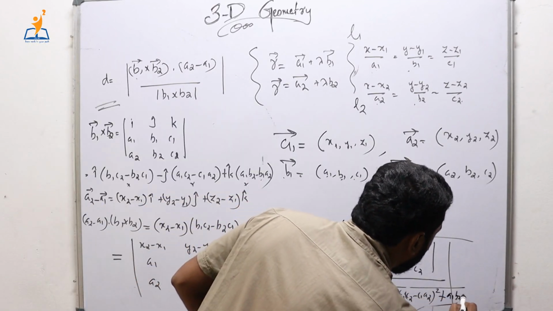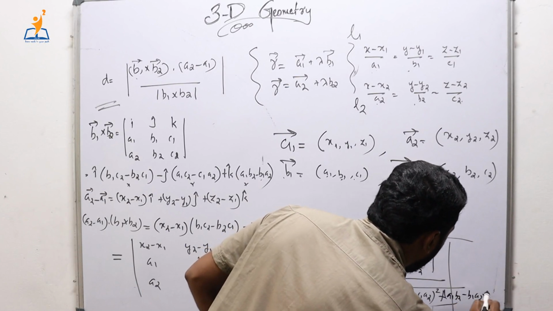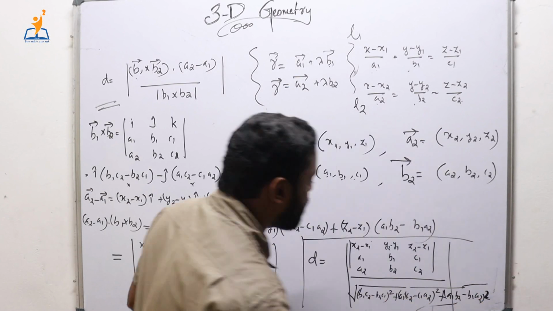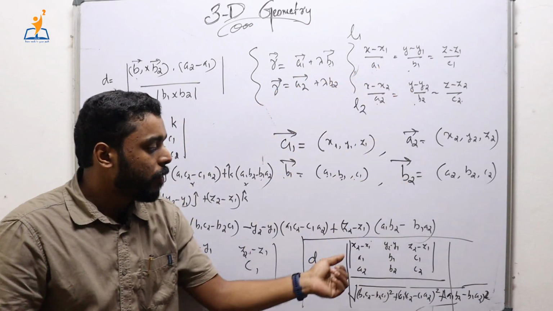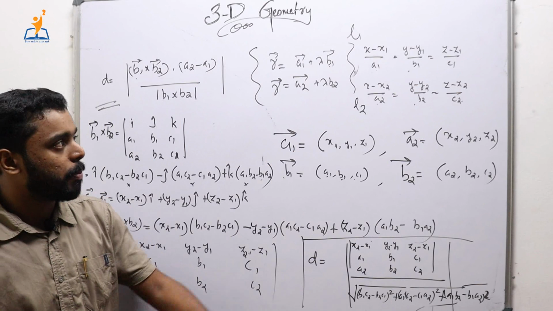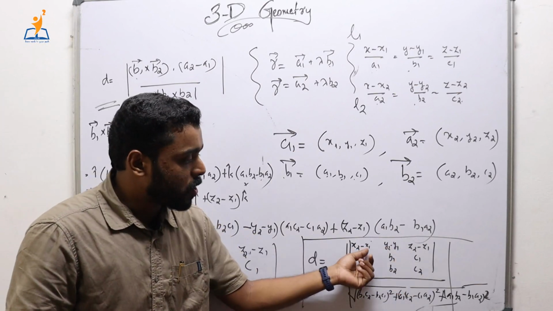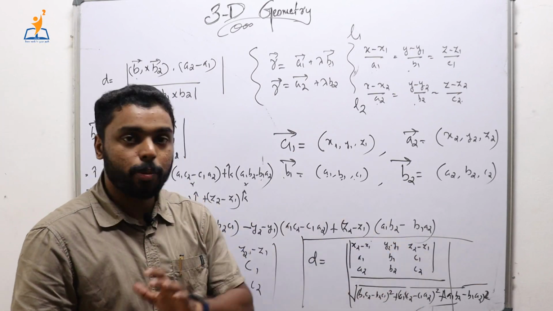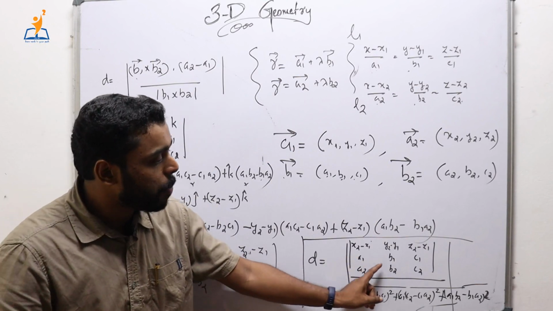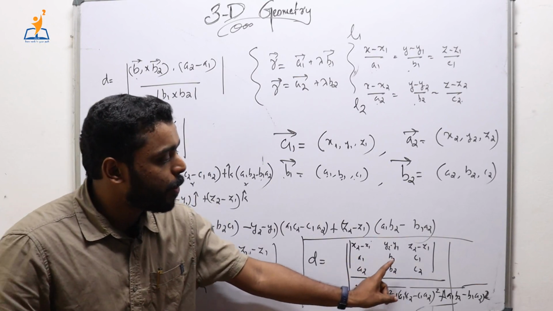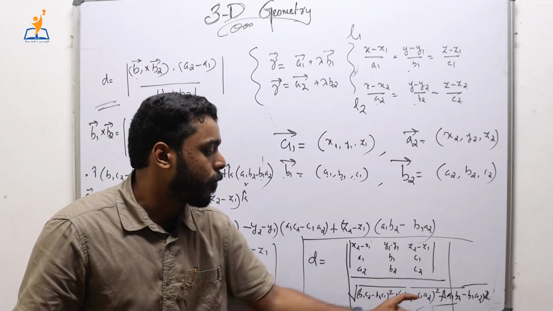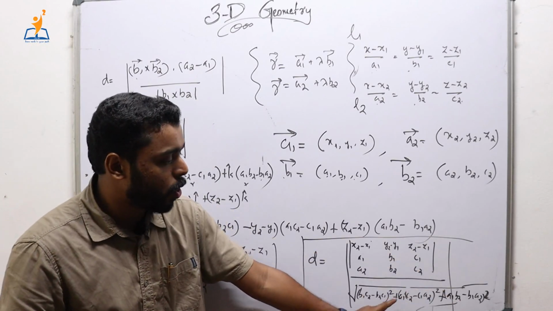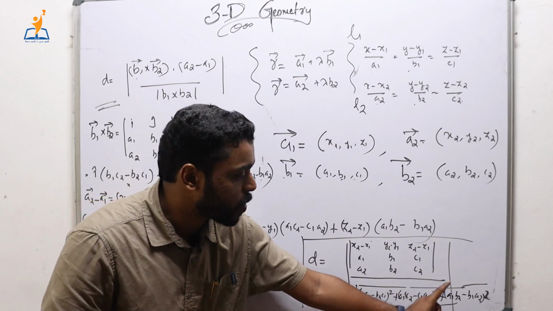So whenever the equation of the line is given in this form, the shortest distance is the determinant of x2 minus x1, y2 minus y1, z2 minus z1 in the first row, a1 b1 c1 in the second row, a2 b2 c2 in the third row, divided by the square root of (b1 c2 minus b2 c1) the whole square plus this thing whole square plus this thing whole square.